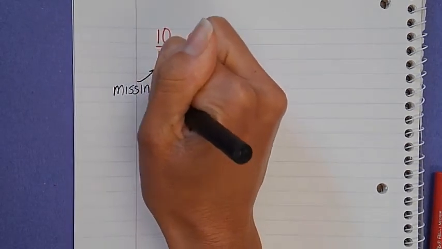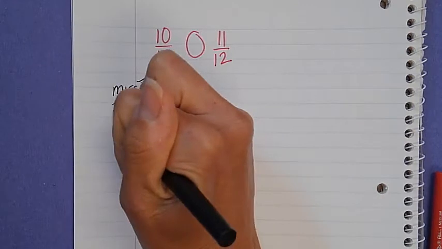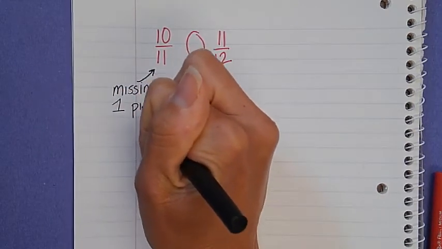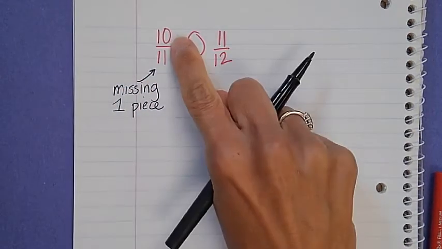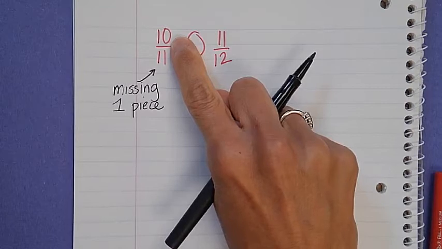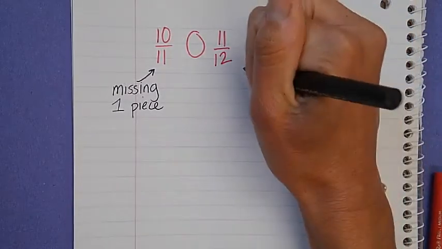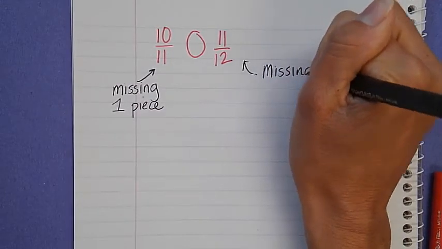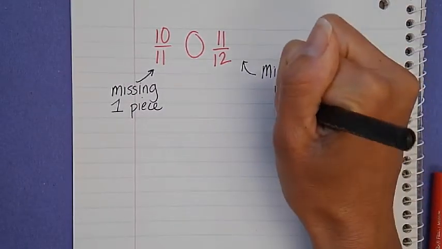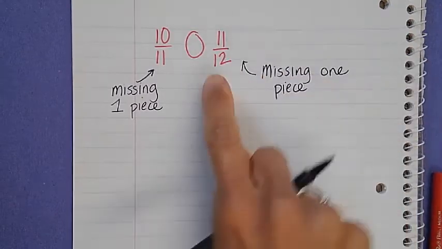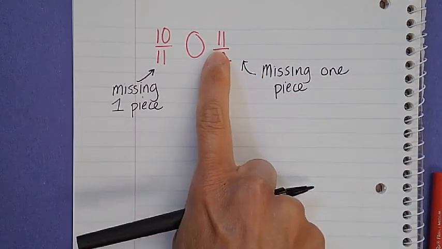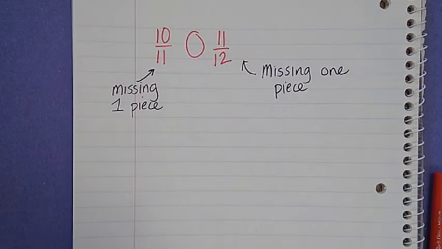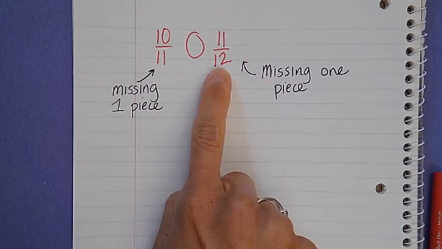We talked about this yesterday in class, that we can see that it only needed one more piece to be one whole. This is the same thing. This is also missing one piece. I only need one more piece, or plus 1/12, in order for this to be a whole at 12/12.